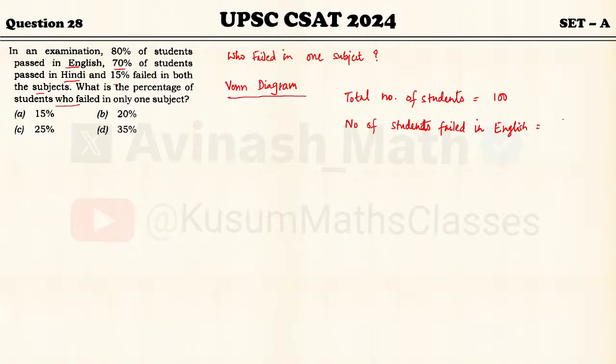It is 100 minus 80, which is 20%. 20% means 20, right? The number of students who failed in Hindi is 30%, because 100 minus 70 is 30. The number of students who failed in English and Hindi both is 15%. It is 15, right? So use a Venn diagram to solve it, right?